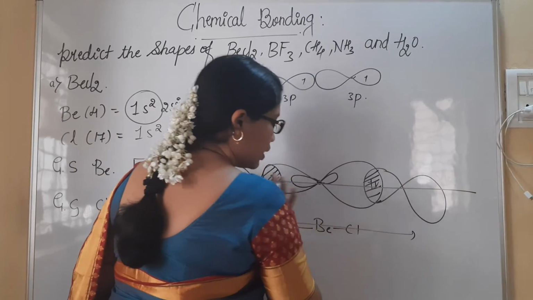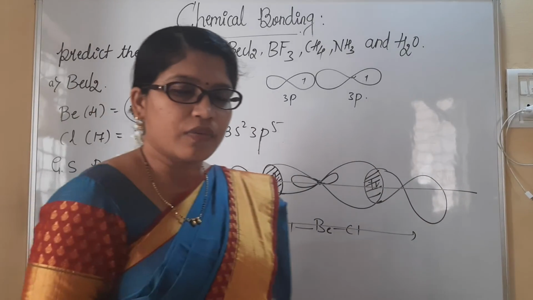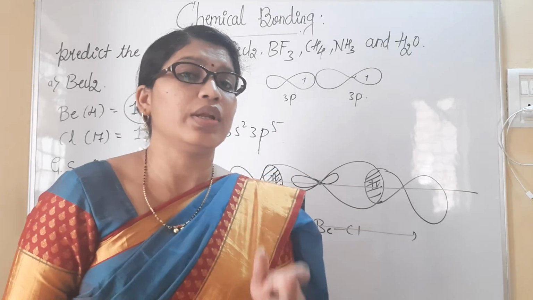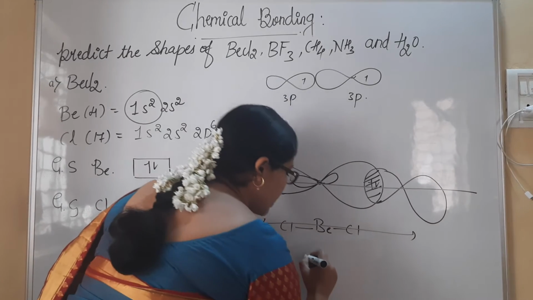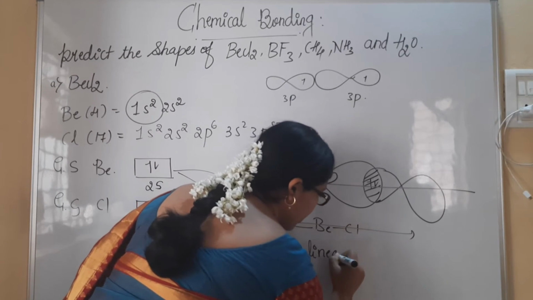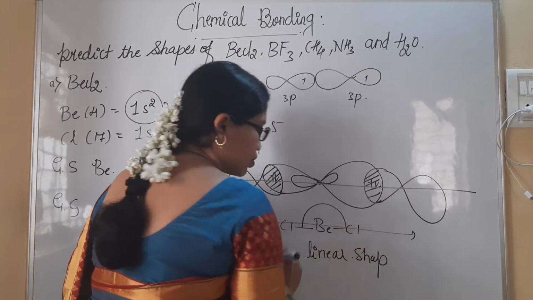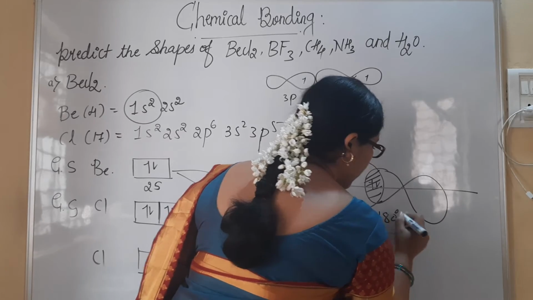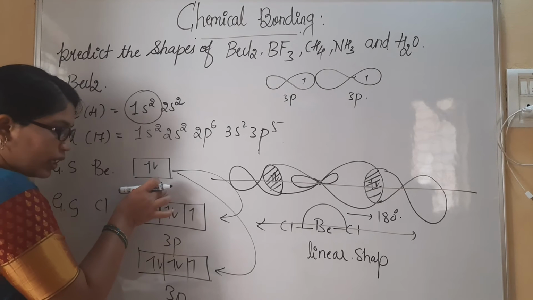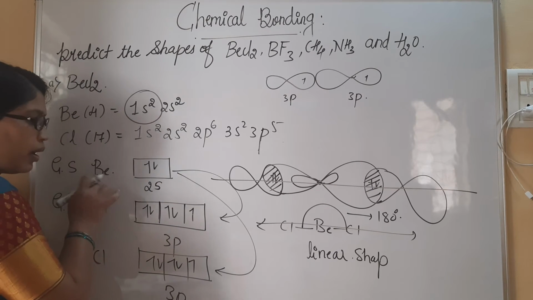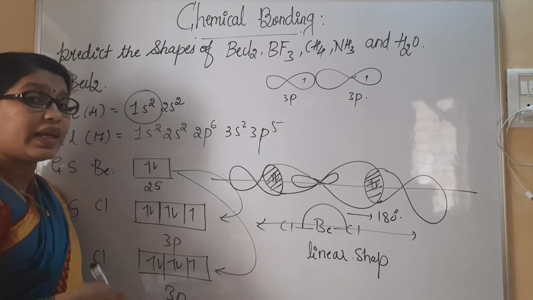This means that along the horizontal there is head-on overlapping of the orbitals of beryllium and chlorine. Now this geometry indicates that it is linear in shape. Linear in shape. And the bond angle turns out to be around 180 degrees. It is 180 degrees. Can you see here? Only the s orbital of beryllium and only the p orbitals of chlorine are involved in bonding.